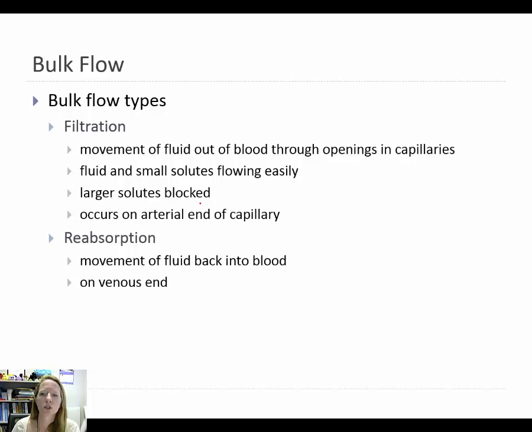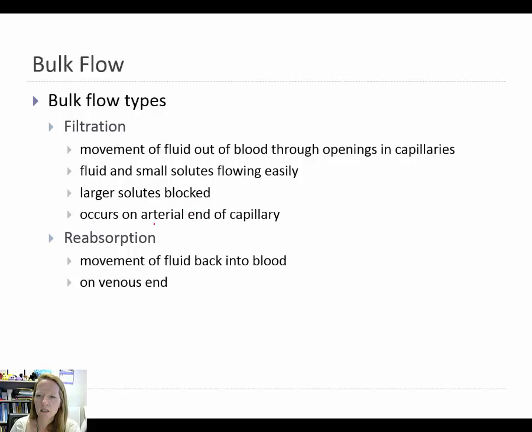Those larger solutes are going to be blocked and kept right in there. Filtration mainly occurs on the arterial end, and that's exactly what we want to happen on the arterial end. If you think about it, our arteries at this point, since we are talking about the systemic cells, and if we're not talking about the pulmonary circuit, they're going to be full of oxygen, right?